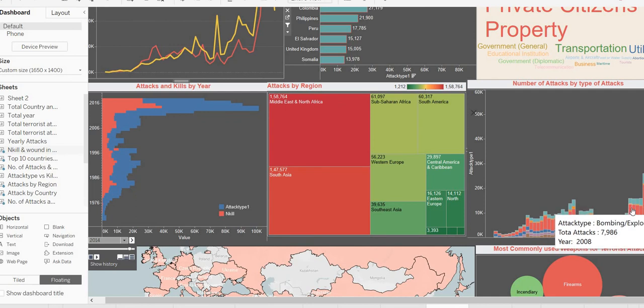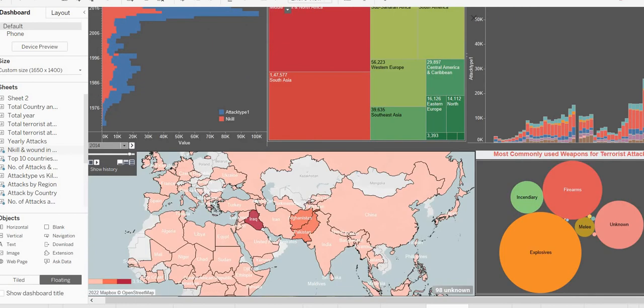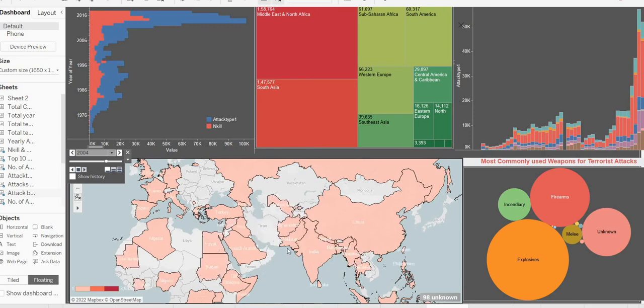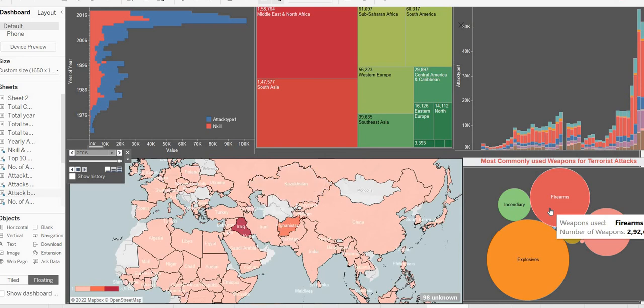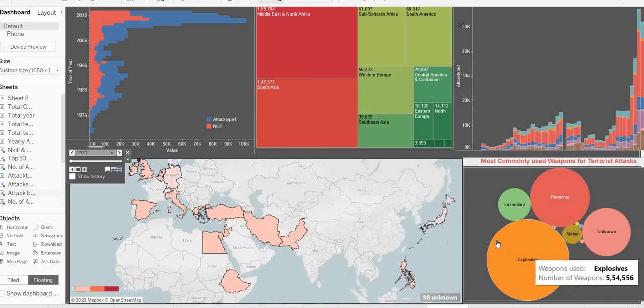Also, in this map, Iraq has the darker color, then Pakistan and Afghanistan. These are the attacks by country over the years from 1970 to 2017. And as we saw in the previous visualization, explosives were the highest weapons used for the terror attacks, and then firearms, which is the second highest.